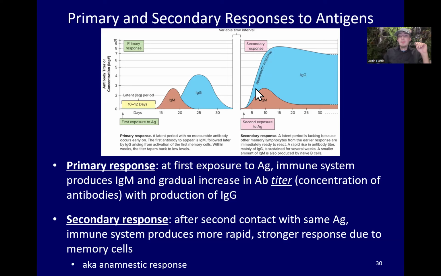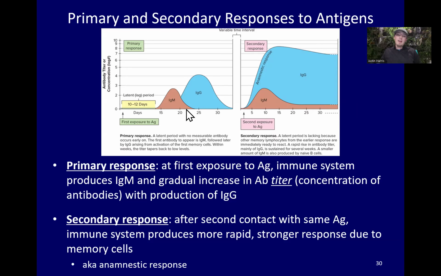You have IgG as the majority of this response rather than the IgM. You have the IgM, which is still the same kind of first response, but the IgG is really coming from those memory B cells.